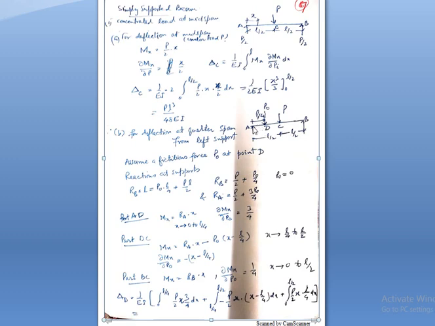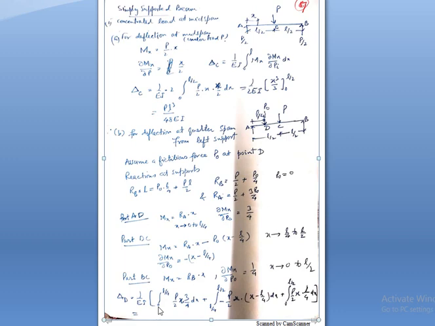So the bending moment will be varying from here to here, then from here to here, then from here to here. So there will be 3 different cross sections taken: A to D, D to C, and C to B. So the integration has been done in 3 parts.